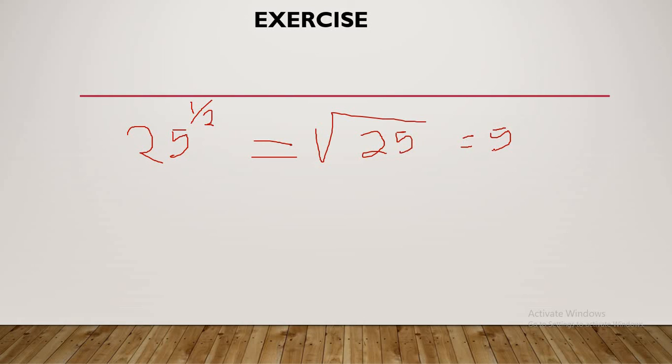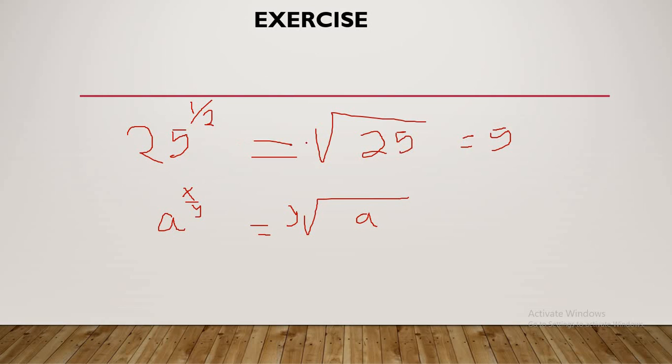In indices, when you have, for example, a raised to the power 1 over y, this means whatever the base is, you take the y-th root of a: the cube root of a, okay?